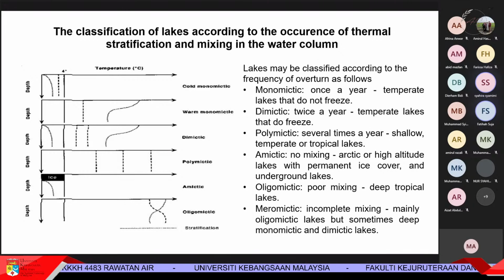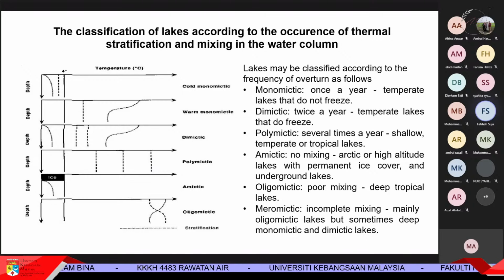Okay, this is the classification, but actually thermal stratification does not usually occur in lakes less than about 10 meters deep. So this is only about deep lakes because wind across the lake surface and water flow through the lake tend to encourage mixing.